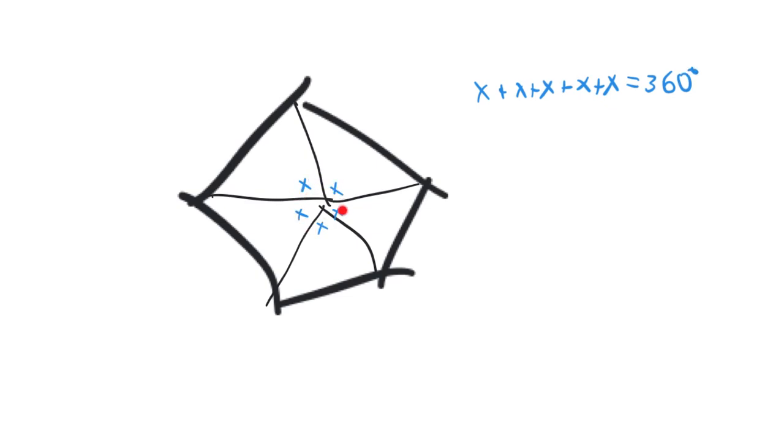When you add all of these all the way around a full revolution, that's 360 degrees. So therefore, we're looking at 5x equals 360. Dividing both sides by 5 gives us 72.